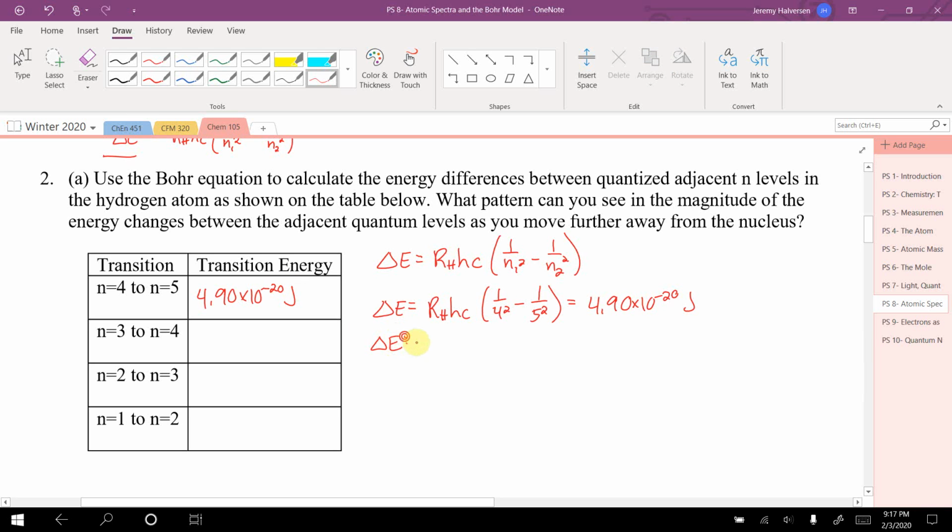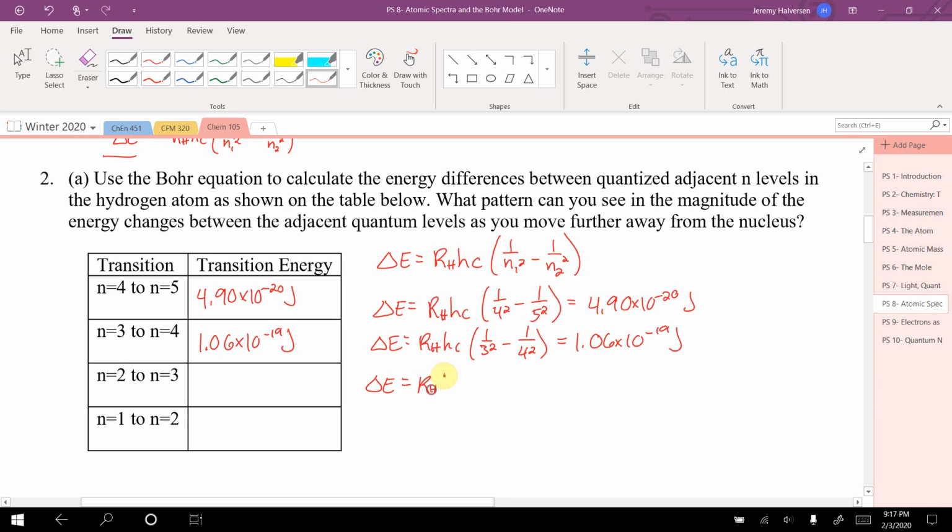Second one, this one I got 1.06 times 10 to the negative 19 joules. Again, that should be positive.